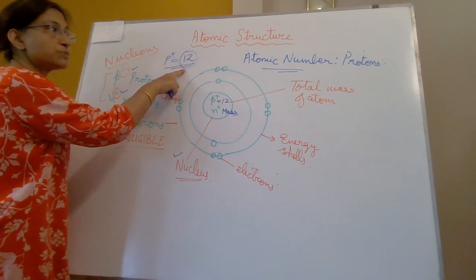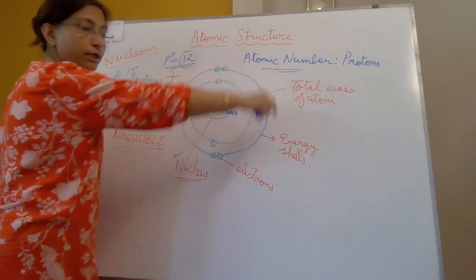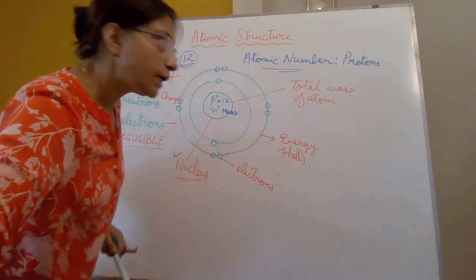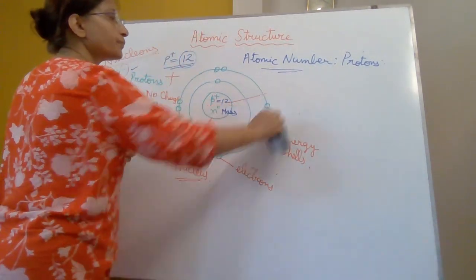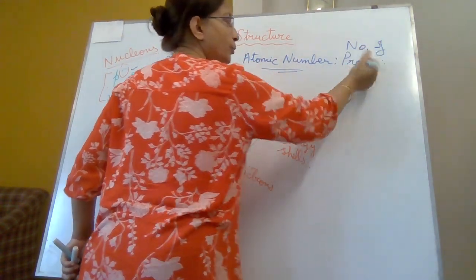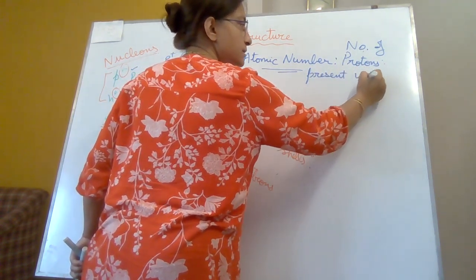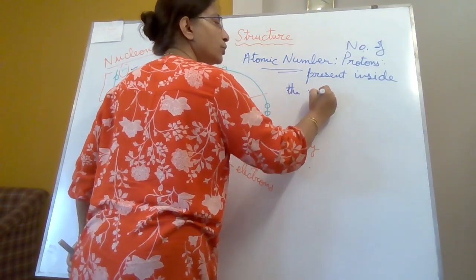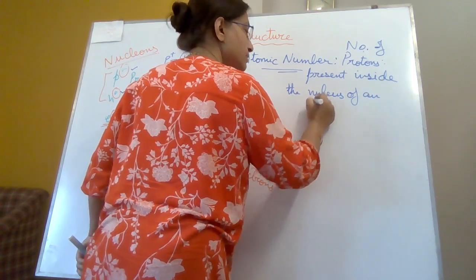And that is why I am saying that atomic number should always be defined in terms of protons. So how do we define atomic number? It is the number of protons present inside the nucleus of an atom.